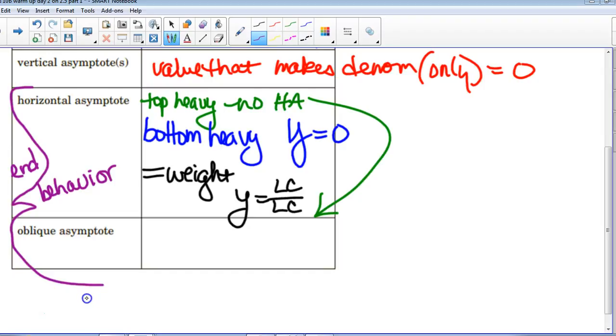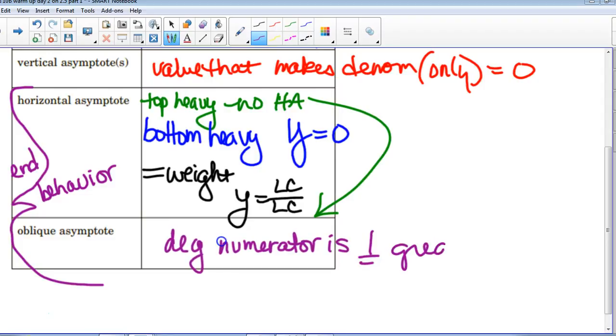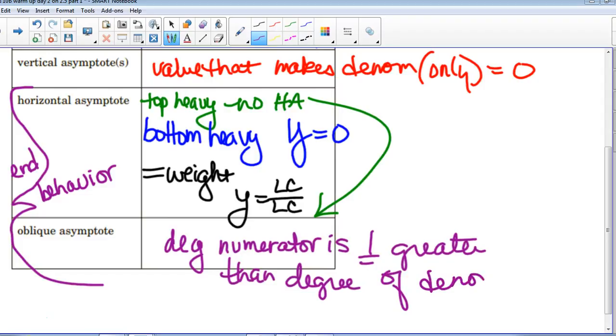All right, does anyone know when there is actually an oblique asymptote? It has to do with what? Okay, so when it is top heavy by a degree 1 more than the denominator, when the degree of the numerator is 1 greater than the degree of the denominator, then there's an oblique asymptote.